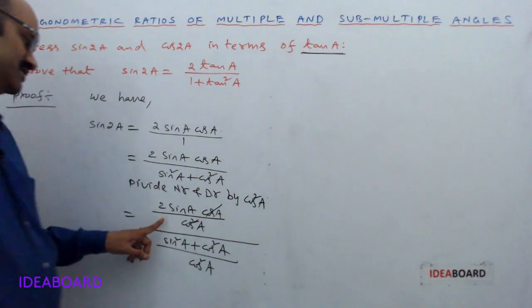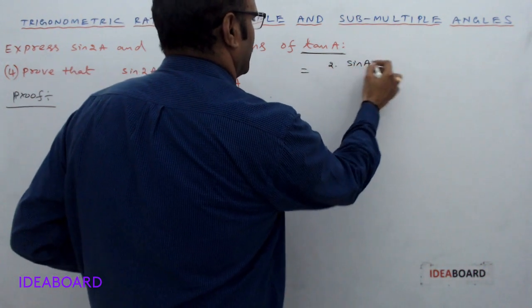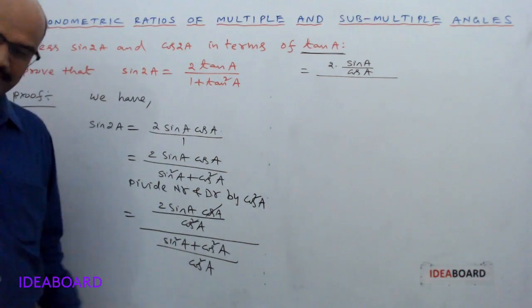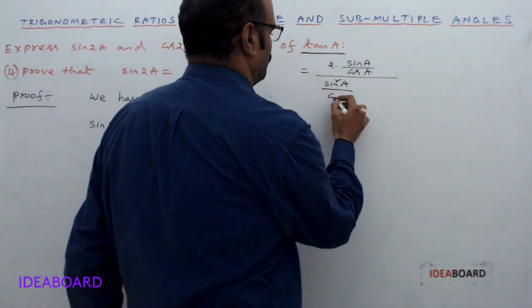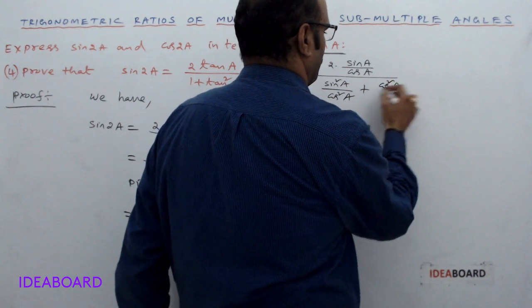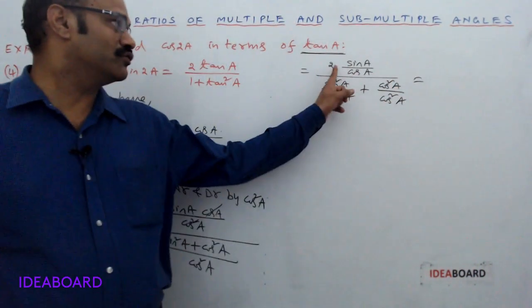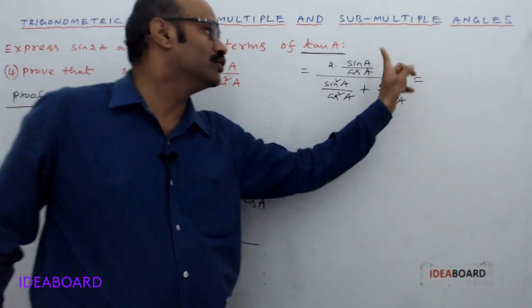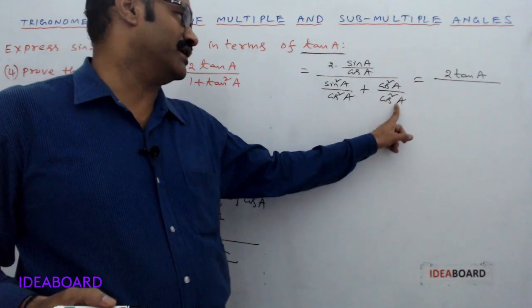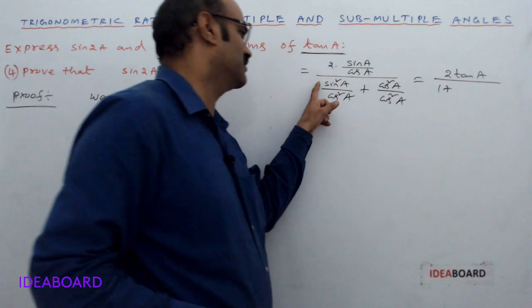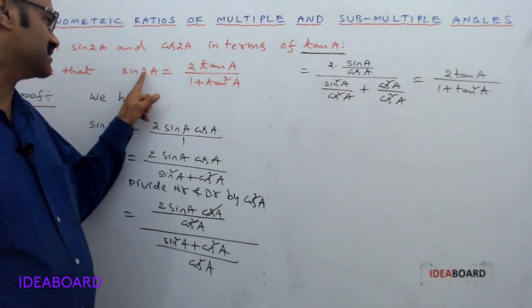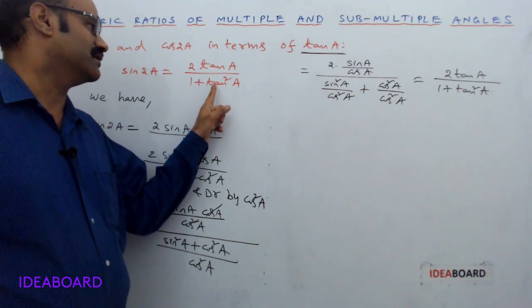Then we have 2 sin A by cos A, equal to 2 into sin A by cos A, whole divided by sin square A by cos square A plus cos square A by cos square A. Now sin A by cos A equal to tan A, so 2 into tan A. Cos square A by cos square A equal to 1, and sin square A by cos square A equal to tan square A. Therefore, the formula for sin 2A equal to 2 tan A by 1 plus tan square A.